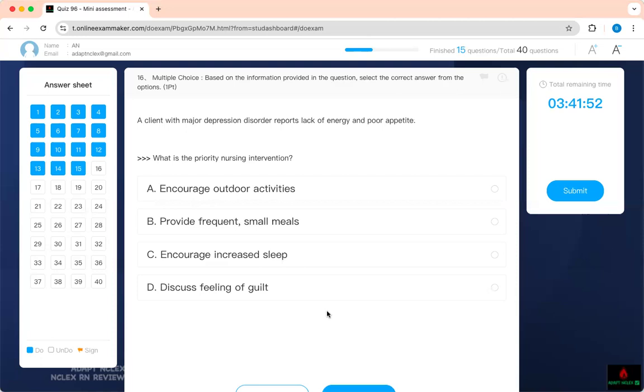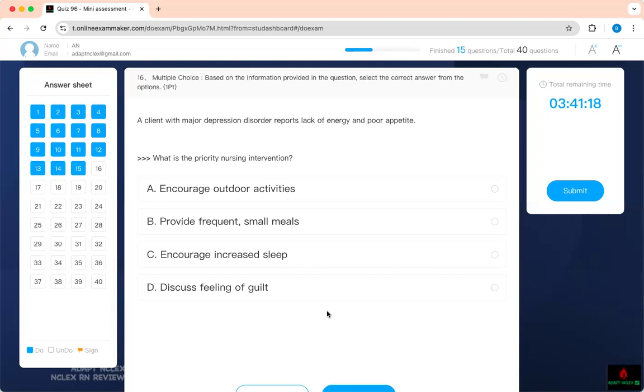What is the priority intervention? A client with major depression disorder reports lack of energy and appetite. Look at it. He has depression. He said, I have less energy and appetite. What is the priority next intervention? So which one do you want to give? Encourage outdoor activity, provide frequent small meals, encourage increased sleep, and discuss feelings of guilt.